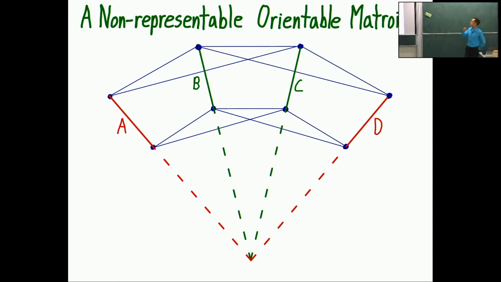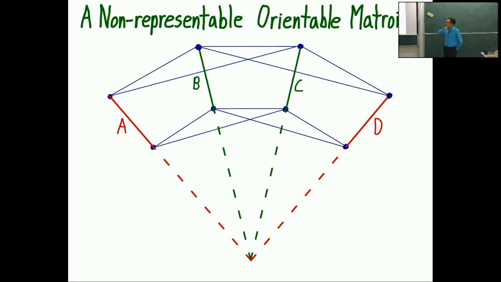If you were to think of an affine representation, or a representation over any field, the fact that any pair of A, B, C forms a circuit, and all 3 of them have rank 3, forces A, B, C to be coincident. So in any representation, they should have an intersection of these 3 points. The same argument works for B, C, and D; they should be coincident lines in any representation.